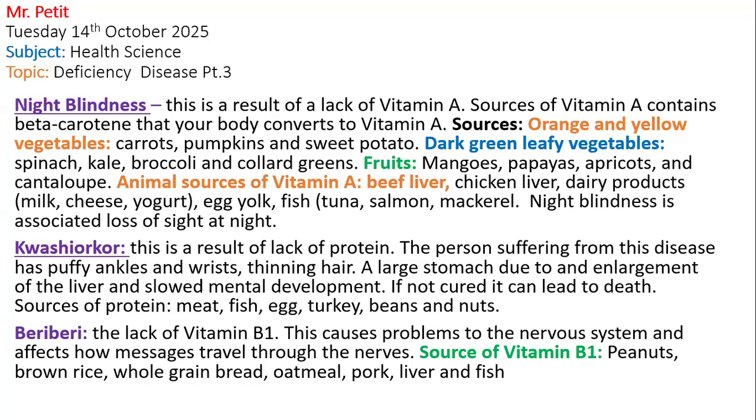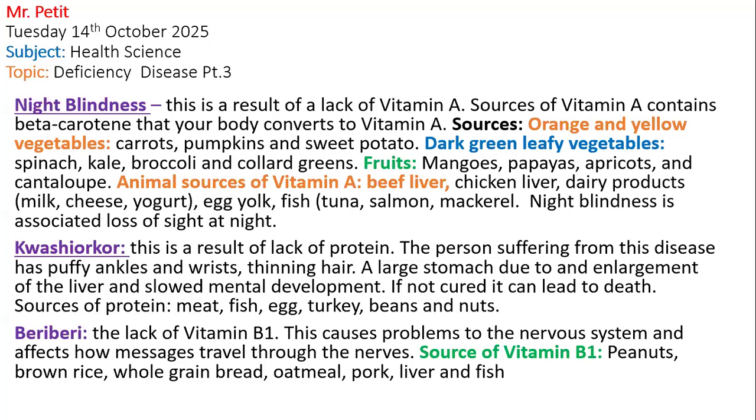Give me the name of the deficiency disease that is a result of a lack of vitamin A. Night blindness. Give me some plant sources of vitamin A. Spinach.